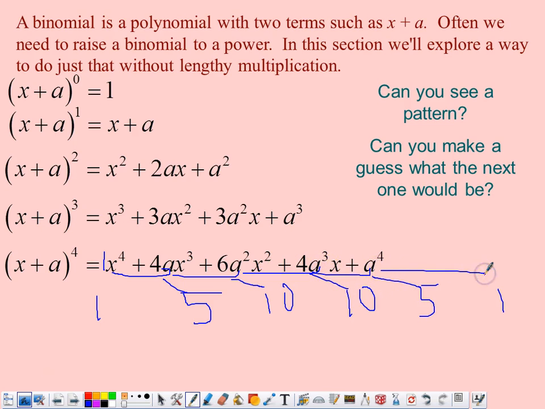Okay, so you have a 1 on each side, and then you added the coefficients that were above it to get the middle ones, and you knew that from pre-calculus. But was there something that you learned about? Pascal's triangle. Okay, so you guys already know that.